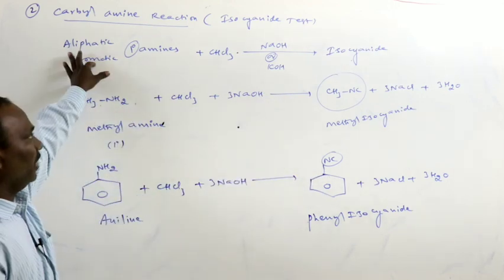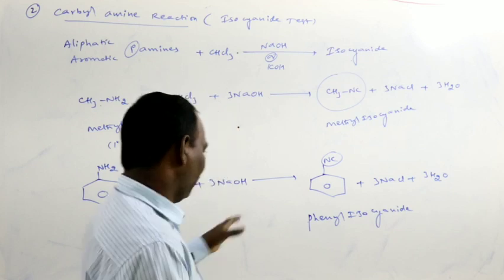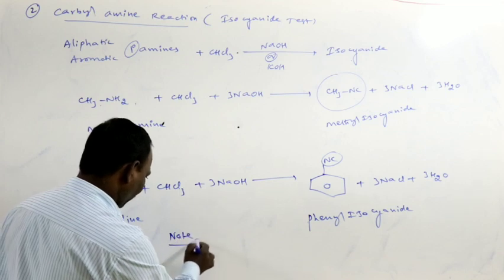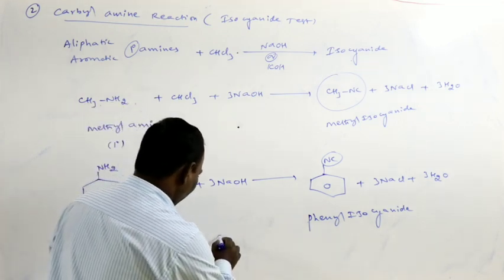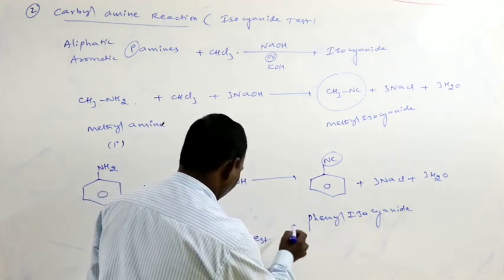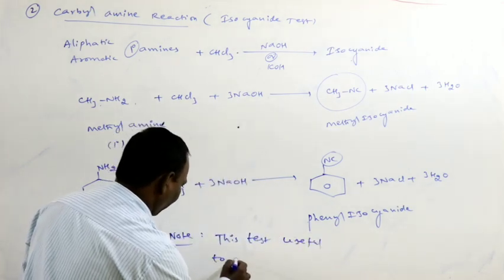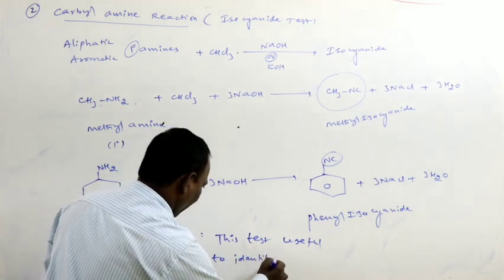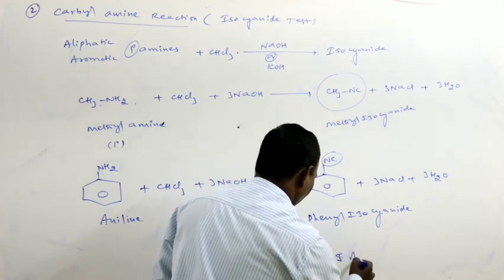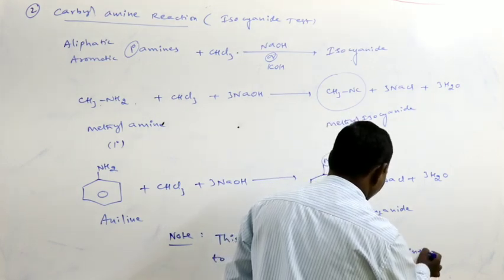So based on this carbylamine reaction or isocyanide test, we can identify aliphatic and aromatic primary amines. Therefore, it is a note: this test is useful to identify the aliphatic and aromatic primary amines.